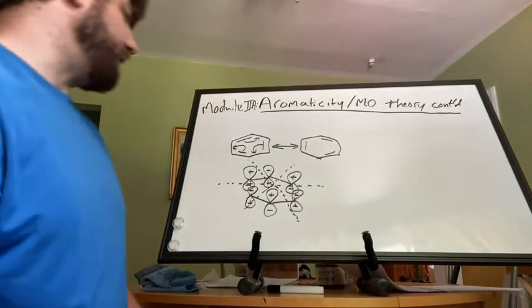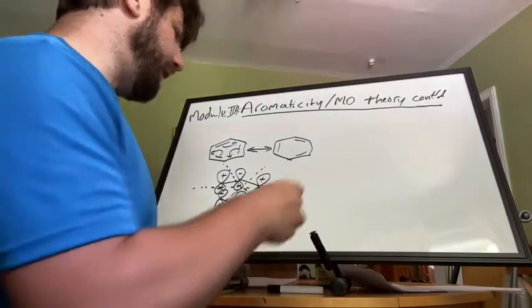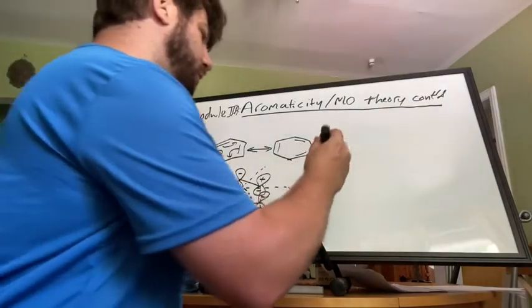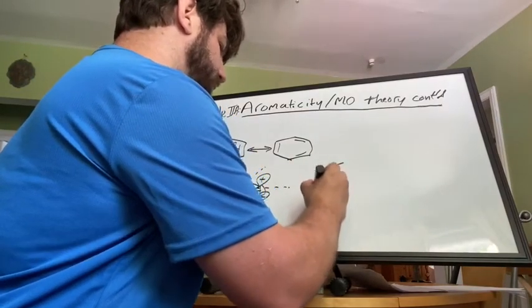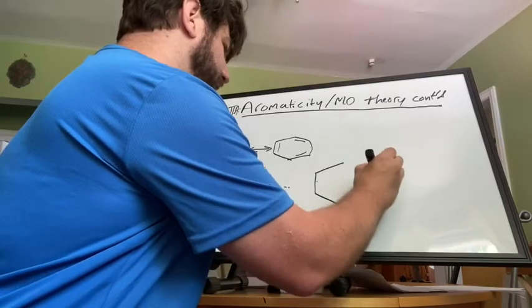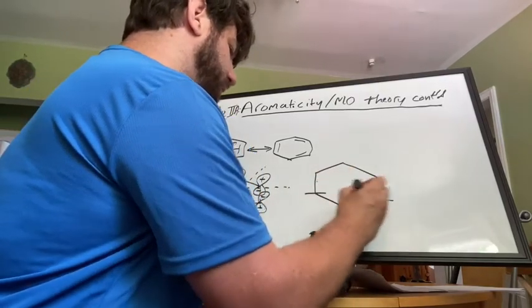Okay, so now we're going to get into the Frost diagram method. And if I were to draw and apply Hund's rule, dig through those cobwebs in your head and remember what that must mean.